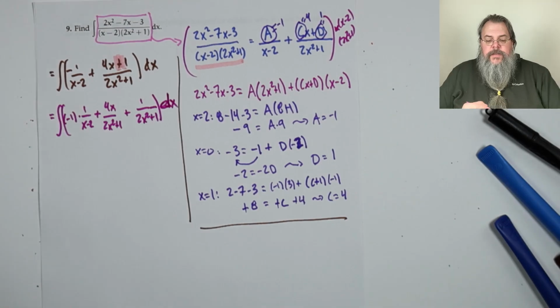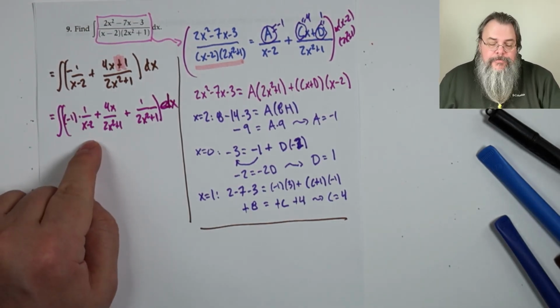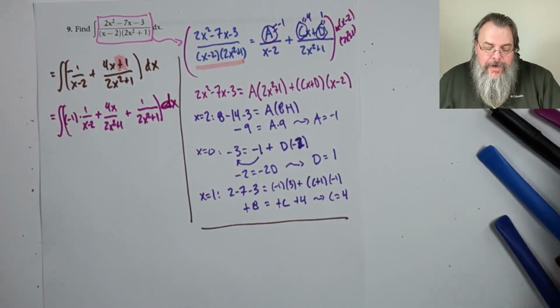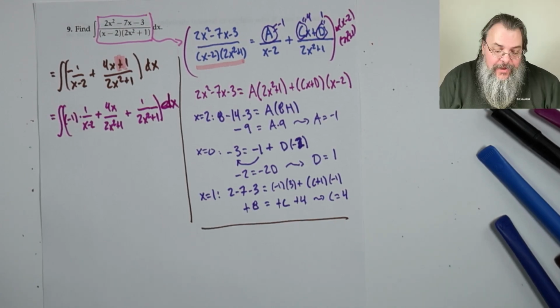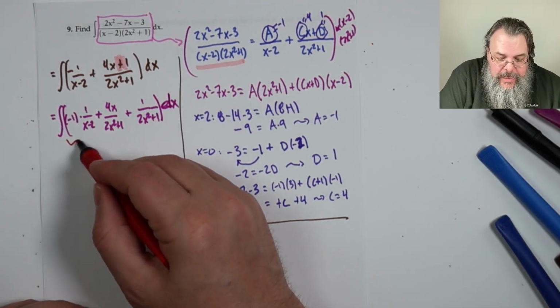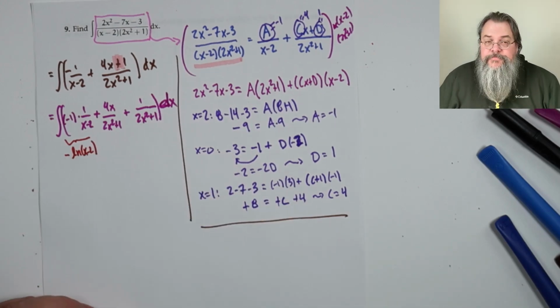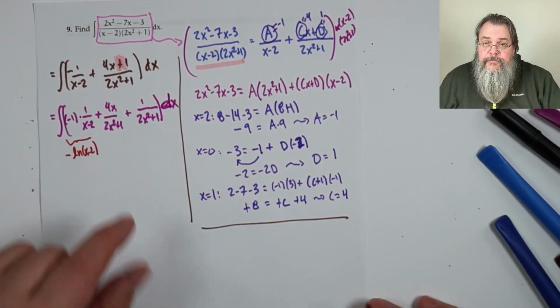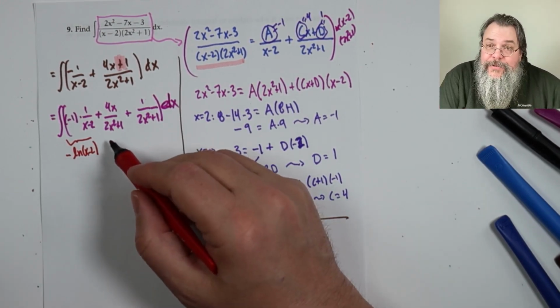Okay, good. Now, this first integral, we can do that, no problem. 1 over x minus something, 1 over x plus something, that's a log. So we have minus a log of x minus 2. Okay, so that's first one, great. 4x over 2x squared plus 1.